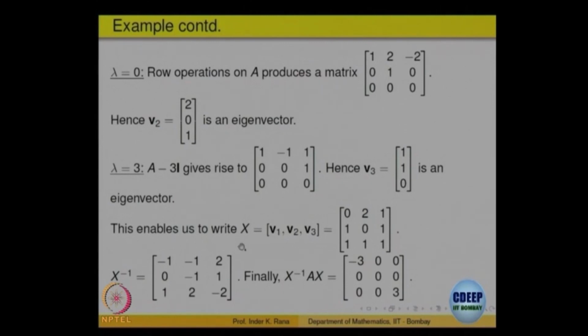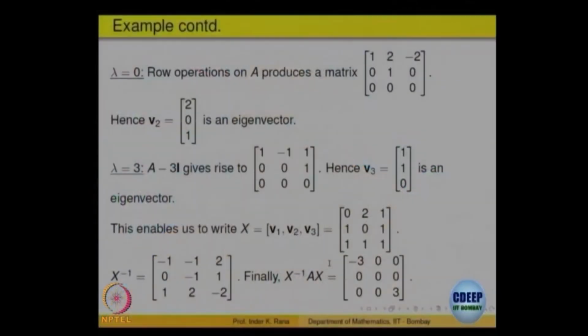Okay. So, once you have got the 3 eigenvectors, you can write them as the columns. So, that is your matrix P or X, whichever way you want to call it. The first eigenvector, second eigenvector and the third eigenvector as the columns. I think there is a mistake here, this V3, this should be 0 here.